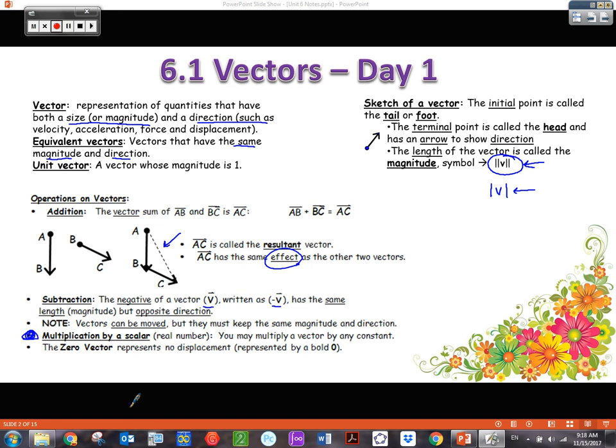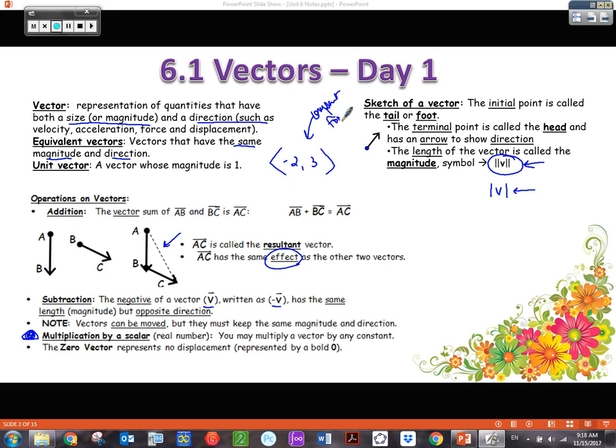But I do want to talk about component form just briefly, because your daily work starts out with you drawing a vector in component form. These things right here are called chevrons. That's how this has component form.